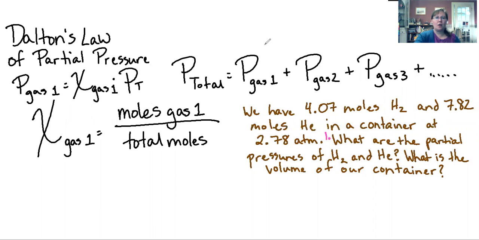Actually, I'll stay with pink so that I can identify this as the first one. So that means that the pressure of hydrogen is equal to the moles of hydrogen, 4.07, divided by our total. And our total moles are 4.07 plus 7.82, 11.89 total moles of gas.